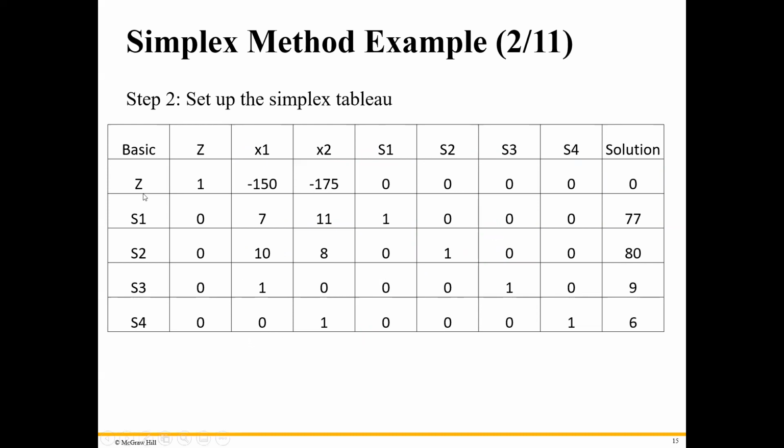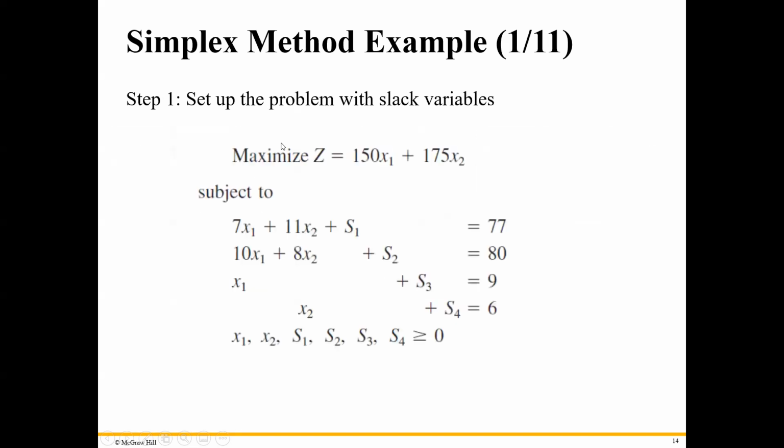The next rows show the slack variables only, not the x1 and x2 variables, which are the non-basic variables here. We skip X1 and X2. Basically, what we want to find are the values of x1 and x2 which make the value of Z maximum subject to these conditions.